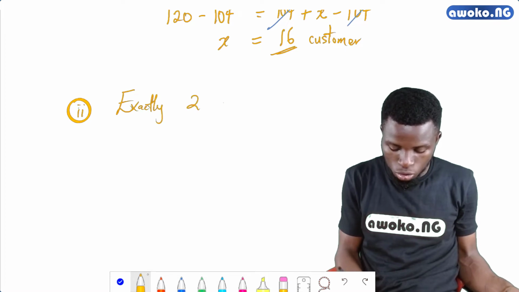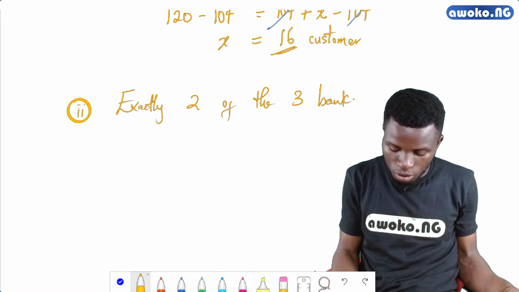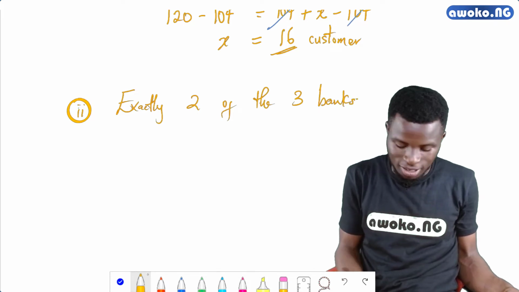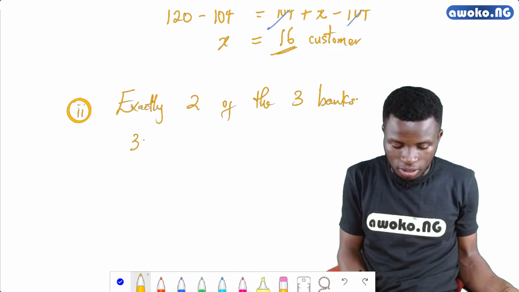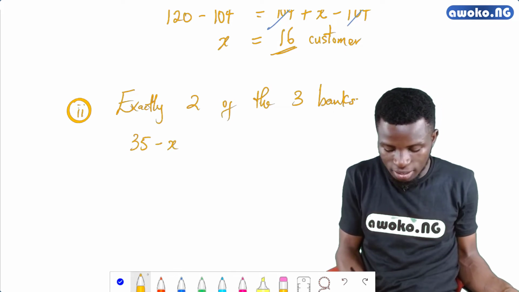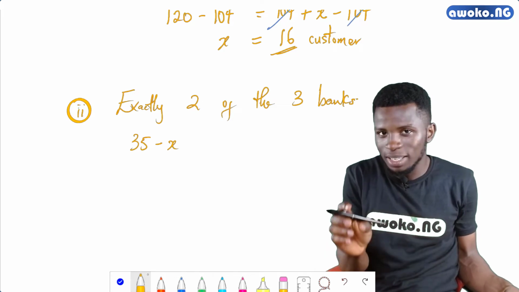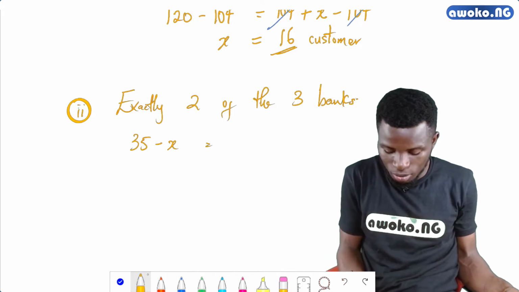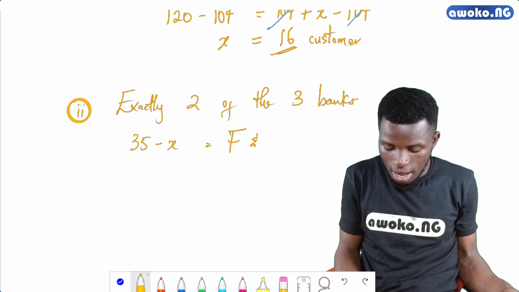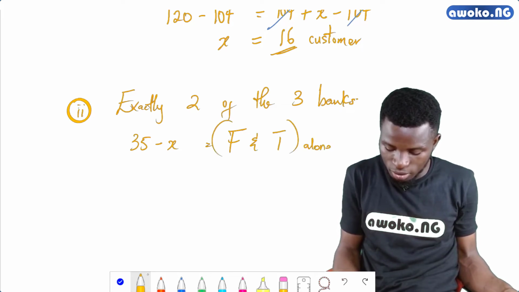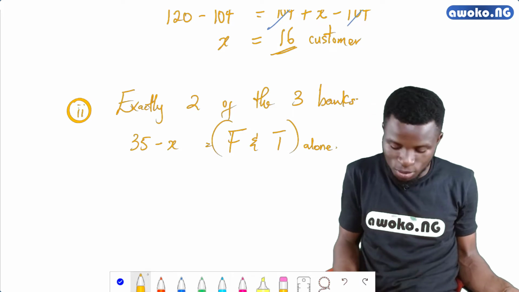Exactly 2 of the 3 banks. And how do we go about that? Of course, the first one is 35 minus X, which stands for First and Trust Bank alone. Is that okay? Let me put it this way so that you'll see it very well.